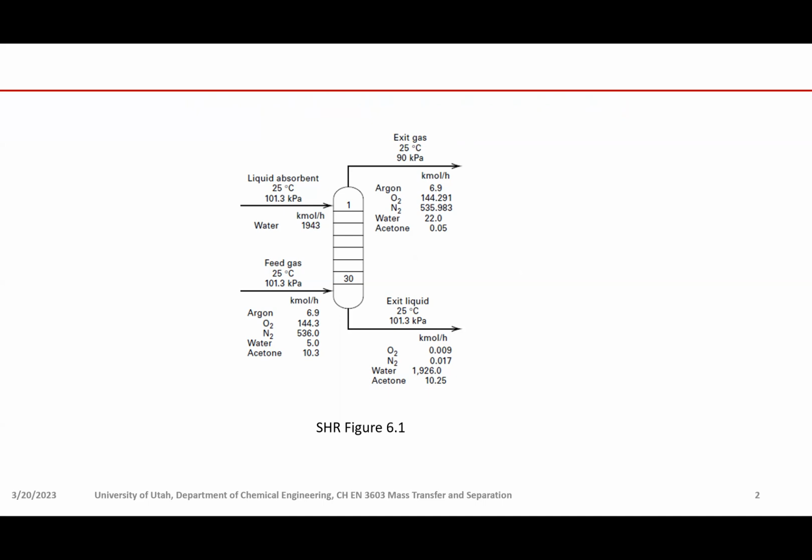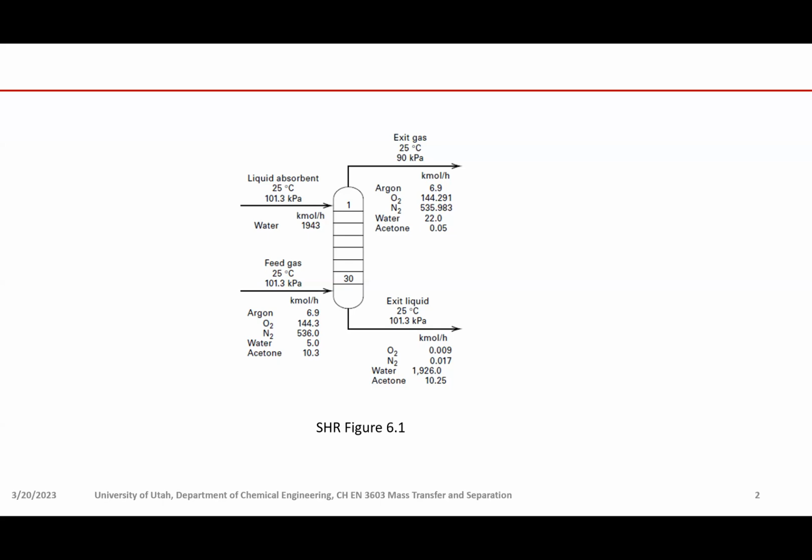The feed is basically a mixture of air plus water and acetone vapor. The acetone vapor is the chemical we want to absorb and recover by this process. So we use pure water as the liquid absorbent. When we feed the gas and the water into the tower, they mix in each of these trays gradually as water flows down and the gas goes up, and eventually in the exit liquid stream there will be a lot of acetone dissolved into the water.